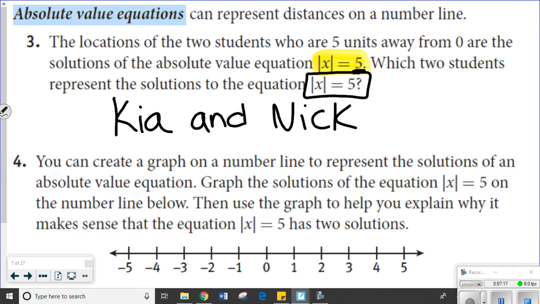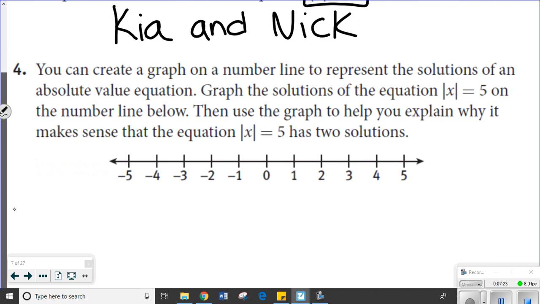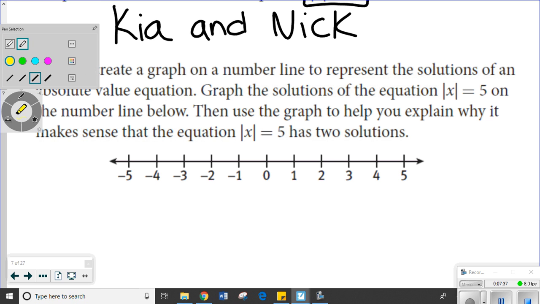So go ahead and turn your page to 50. Question 4 says, we can create a graph on a number line to represent the solutions of an absolute value equation. So we are going to graph the solutions, Kia and Nick, for this equation right here, which is the absolute value of x equals 5.